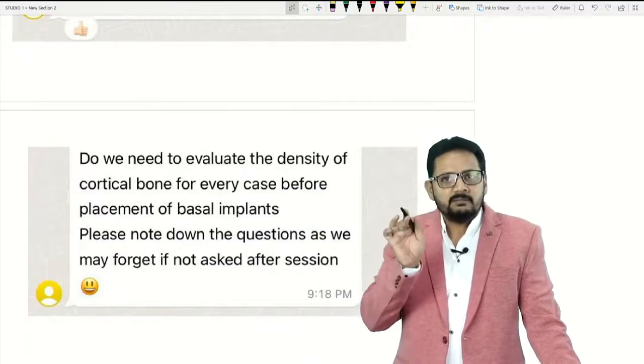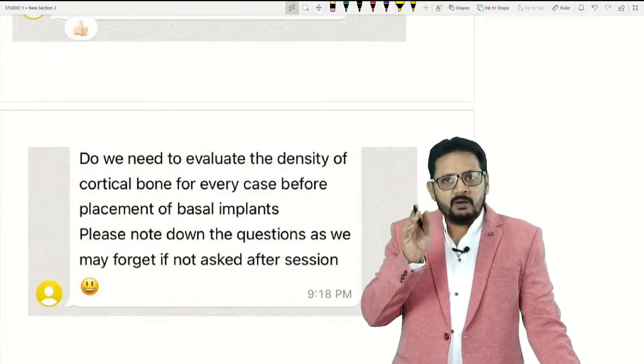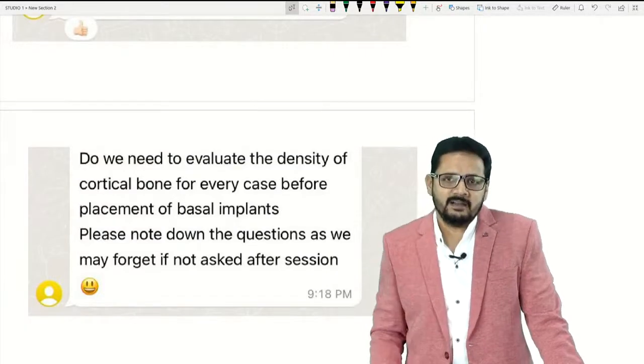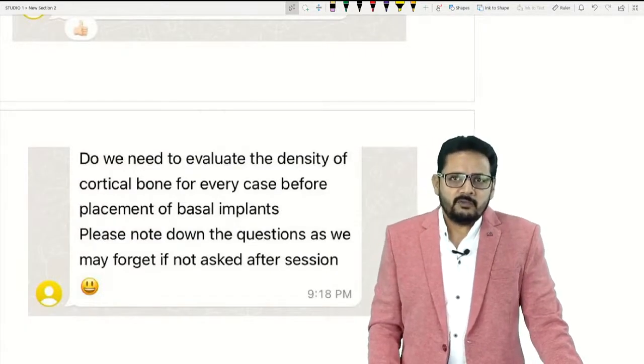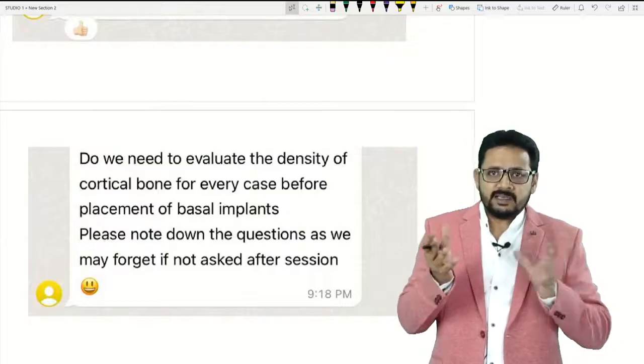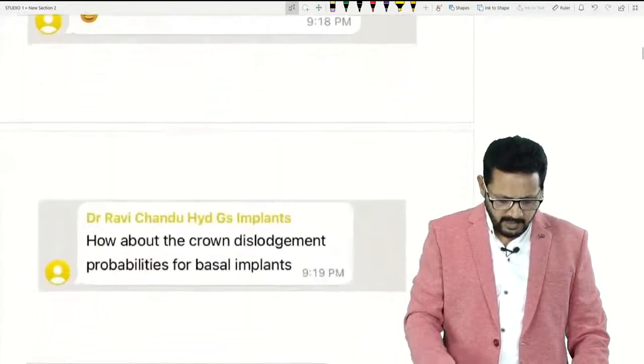Based on that, you can decide the diameter of the implant or the diameter of the drill you are going to use. The first drill itself will decide. So no need to go for sophisticated diagnostic studies like calculating the density of the bone, not required at all, right?